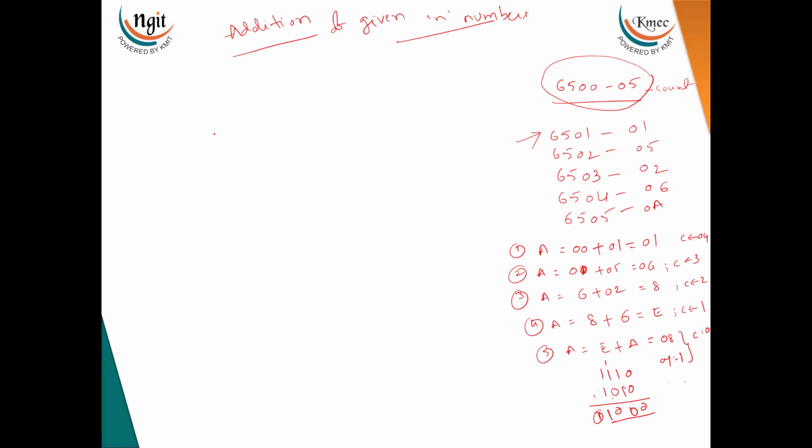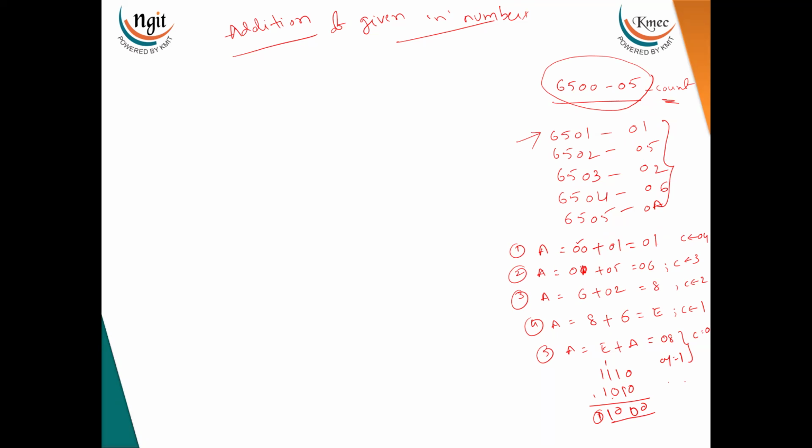Now here, how to add n numbers? This is the count value and here 5 values are given. Initially the accumulator value should be 0, and the first value is added. When one addition is done, the count value should get decremented.